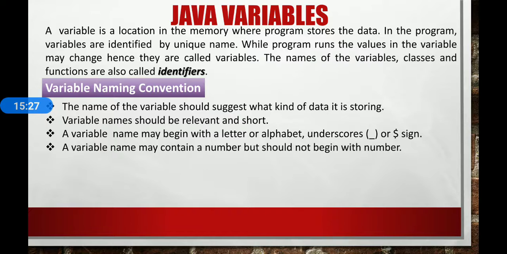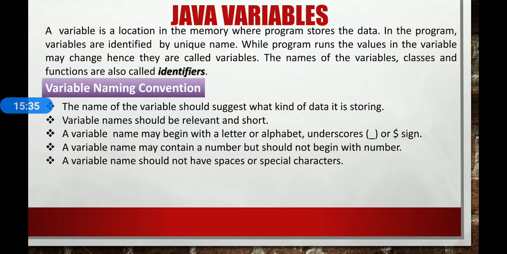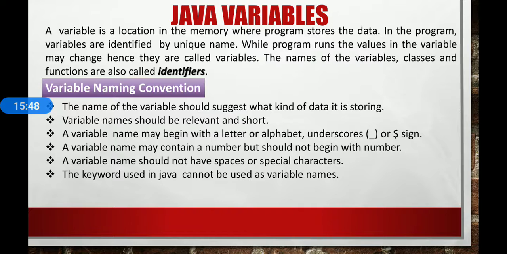A variable name may contain a number but should not begin with a number. A variable name should not have spaces or special characters except underscore and dollar sign. The keywords used in Java cannot be used as variable names.